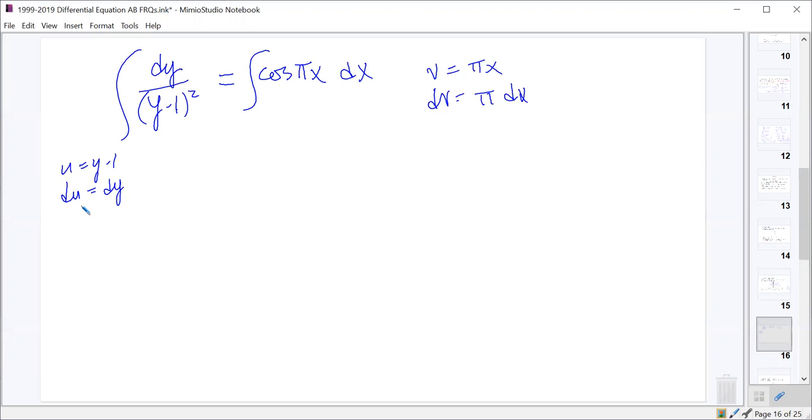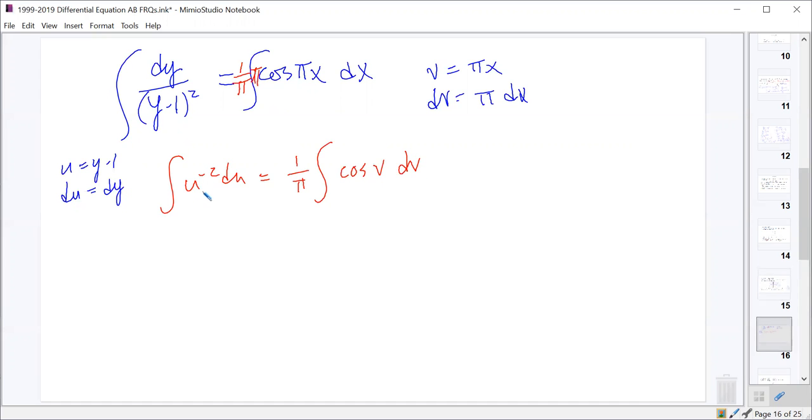So we'll need to put in a pi and a 1 over pi there. And so we'll end up with an integral of du over u squared, or u to the negative 2 du. And over here, we'll have 1 over pi times an integral of cosine v dv. And then we'll be able to integrate both sides.